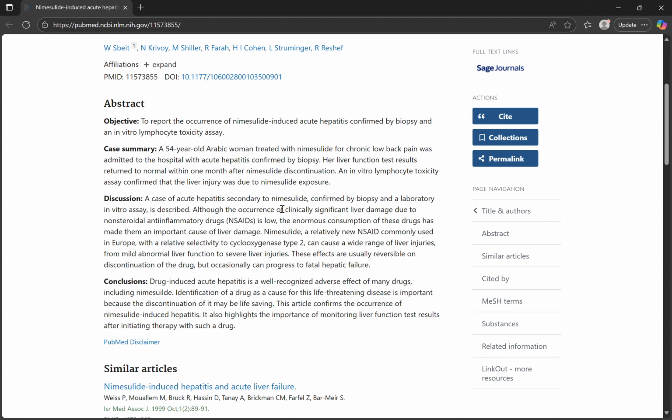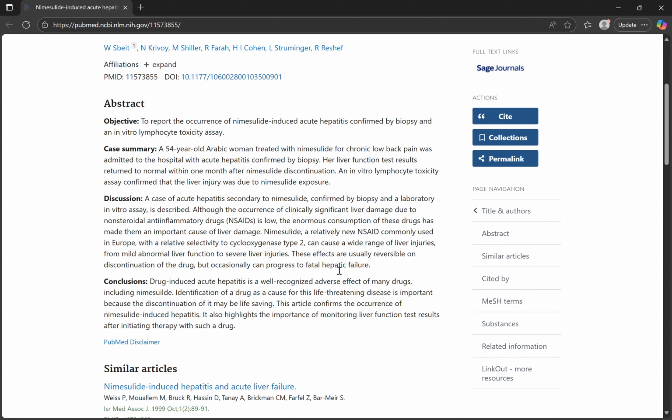Now, if we talk about the discussion, in general this case shows us that nimesulide, a relatively new non-steroidal anti-inflammatory drug commonly used in Europe with a relative selectivity to cyclooxygenase type 2, can cause a wide variety of liver injuries from mild abnormal liver function to severe liver injuries.